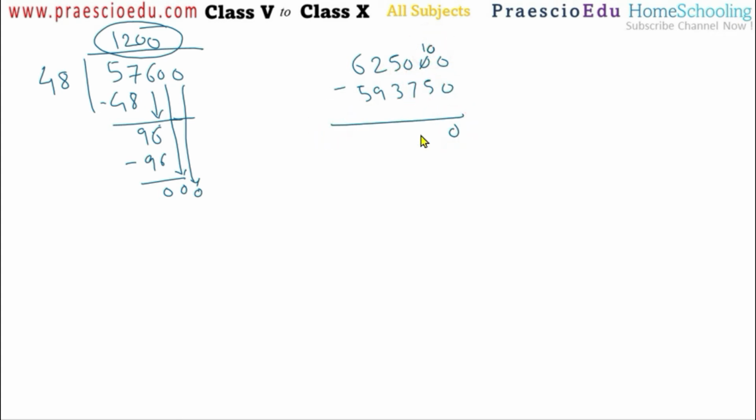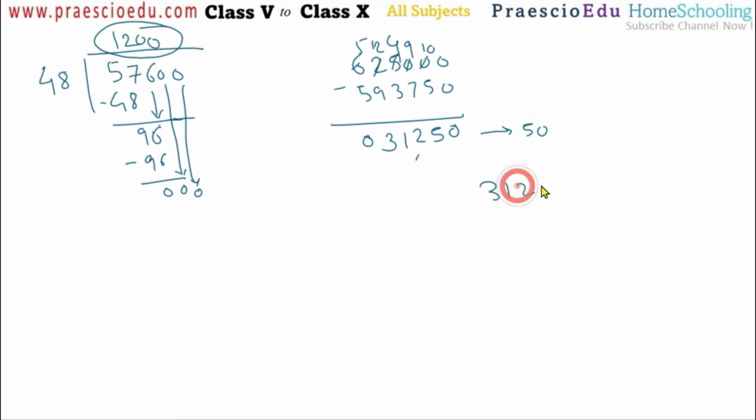Now this is the 10, so 5 as it is. This is a 9 and this is a 4. So 2, 4 minus 3 is 1. This is a 12 and this is a 5. So 12 minus 3 is 3 and this is 0. So 31,250. So this amount is remaining after the tour, but this has to be distributed among 50 persons.